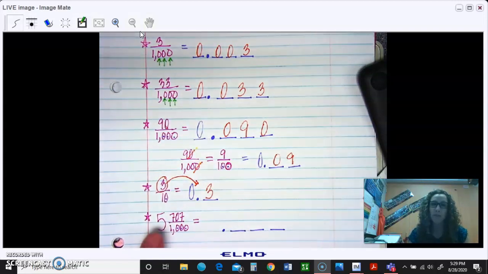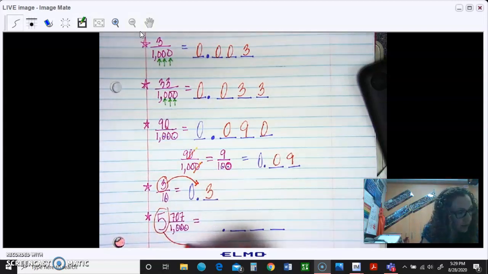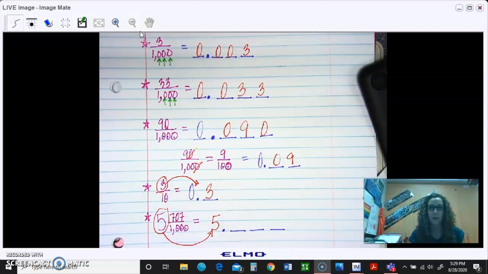Remember how I read this? 5 and 707 1/1000ths. That 5 is a whole number. Okay? So it is going to go there. What goes in those 3 spots?